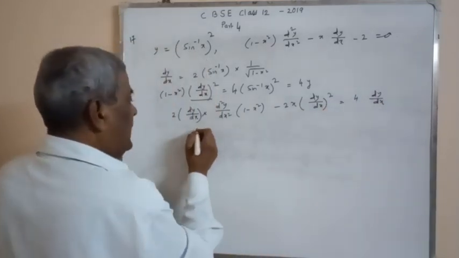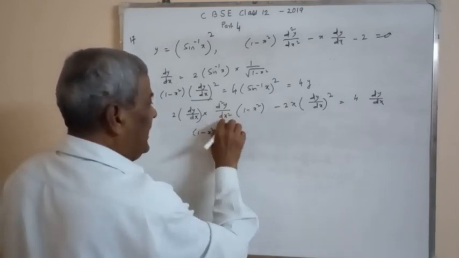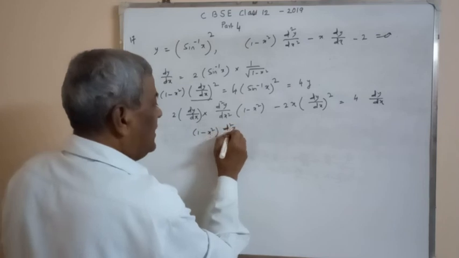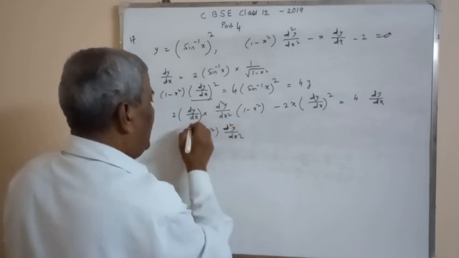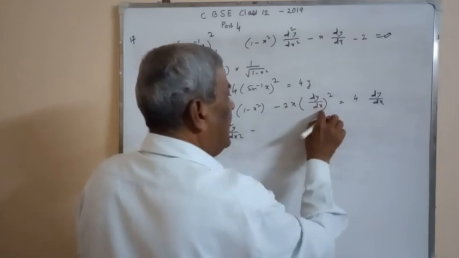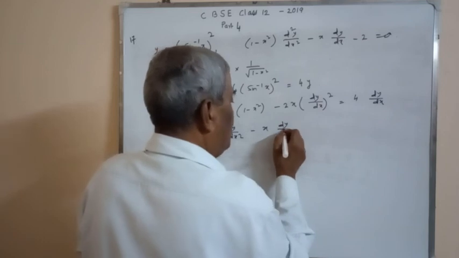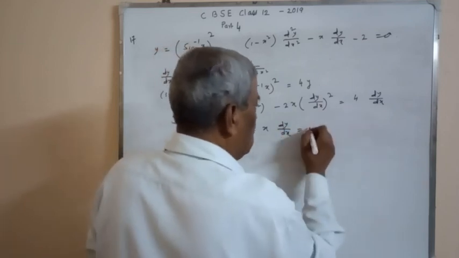So cancelling that, we get (1 minus x square) into d2y/dx2 minus x into dy/dx is equal to 2.